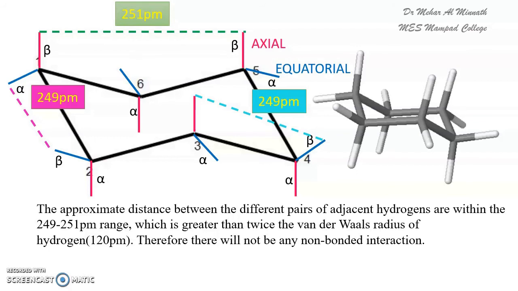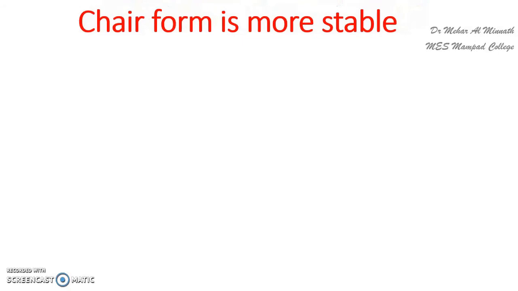There are a few more aspects regarding the reasons for the stability of the chair conformation of cyclohexane. Now, one thing is that the bonds are staggered. The CH bonds are all staggered, and the distance between adjacent hydrogen atoms is more than 240 picometer.